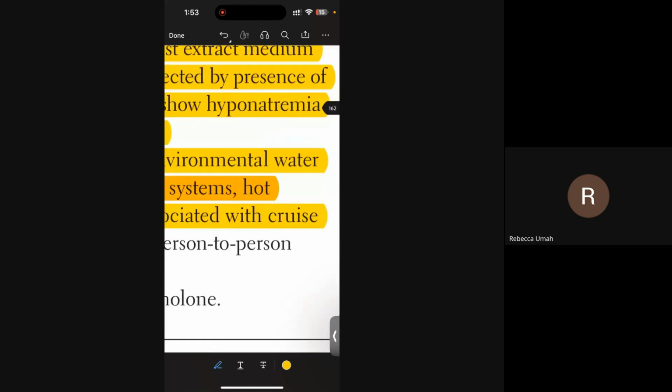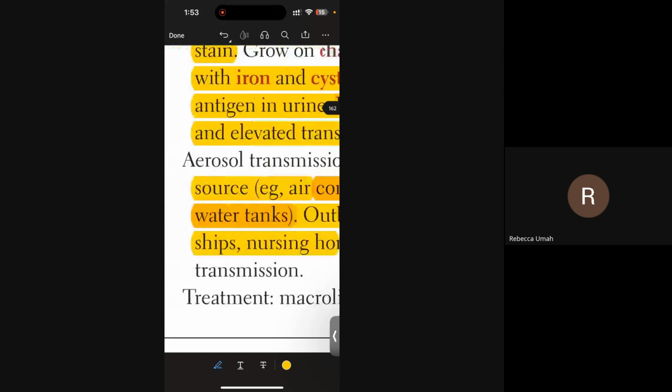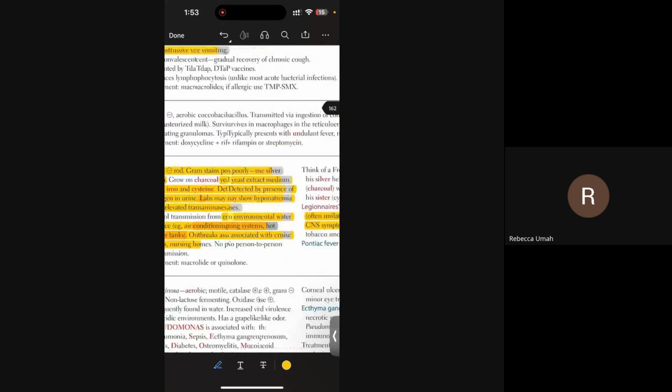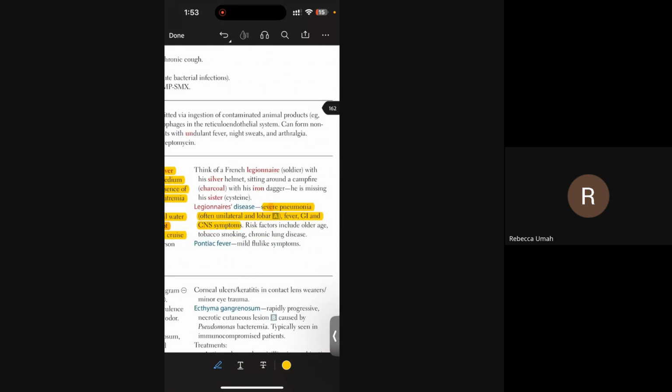Outbreaks are associated with cruise ships. The patient develops fever and GI symptoms. For GI, you are going to see diarrhea, and that's why the patient develops hyponatremia.